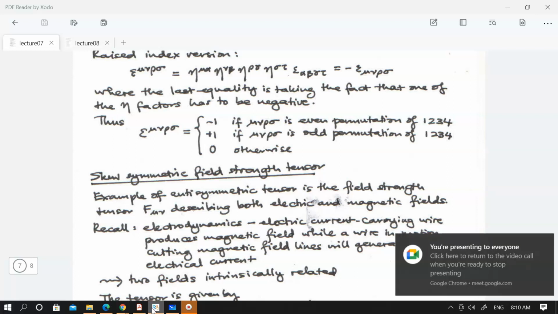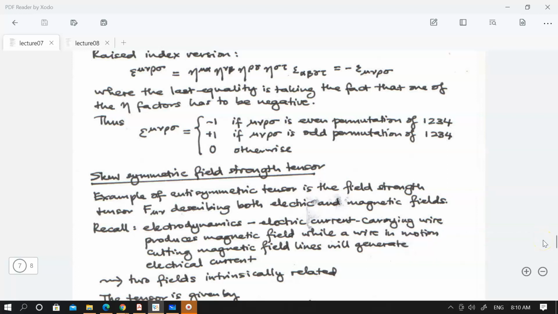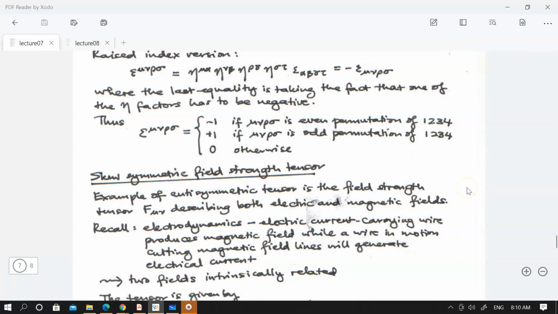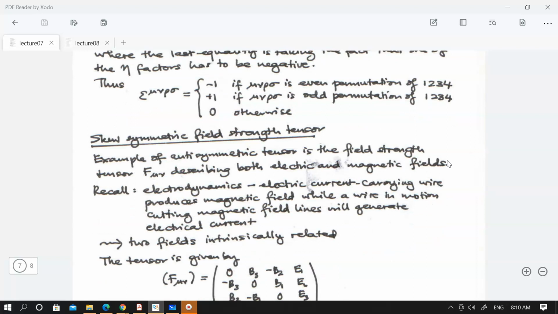Essentially, one of the important tensors that we'll be doing, in fact in the second part of the course, is the so-called electromagnetic field tensor. If you remember, when you do electricity and magnetism, for example in one of your earlier courses, you find that the electric and magnetic fields are interrelated.